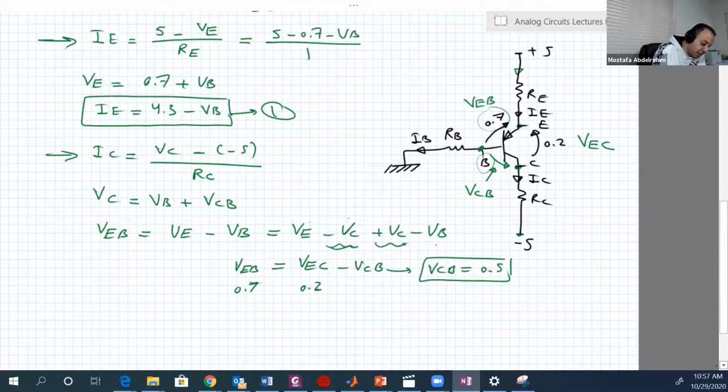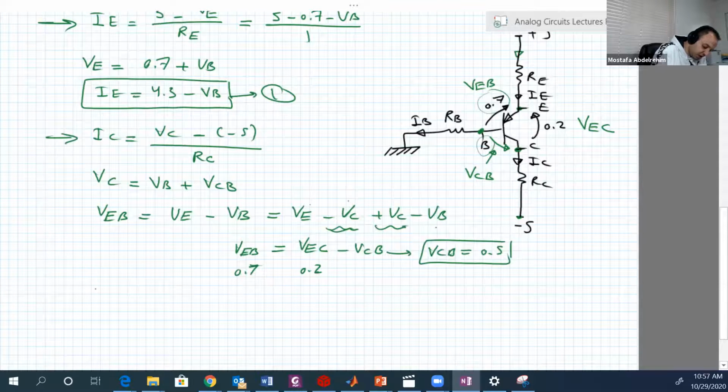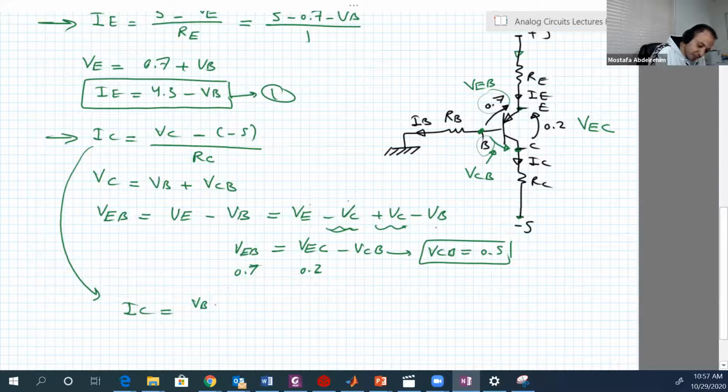So going back to this equation, IC is equal to VC, which is VB, which we don't know, plus VCB, and VCB is 0.5. I'm sorry, minus 0.5.